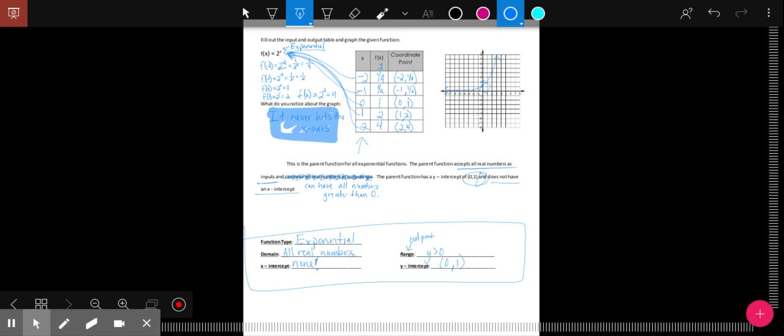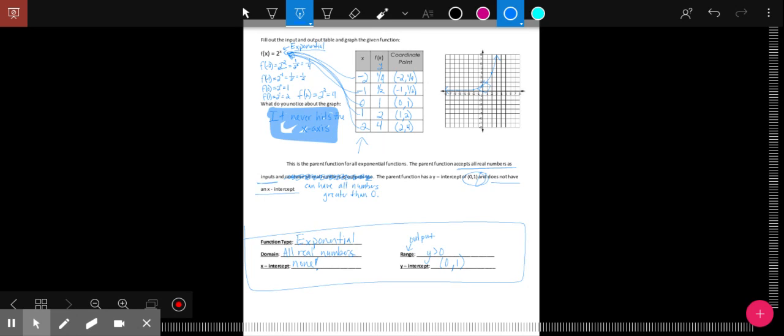Okay, and we actually call this a parabola. Anytime we have a graph that looks like this, it's called a parabola. Now, what do we notice about the graph? The thing I want to point out, and I want everybody to notice, is all of my outputs are positive.